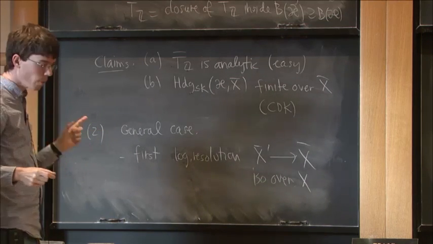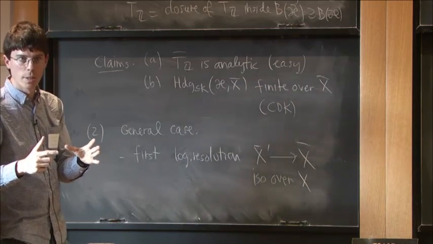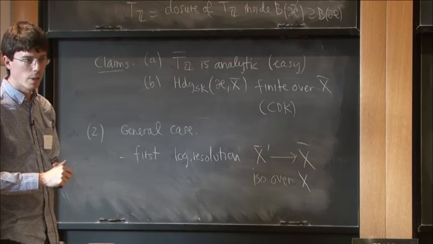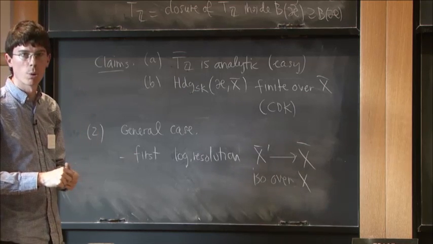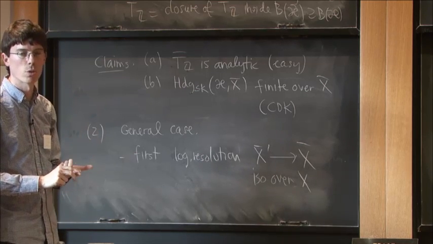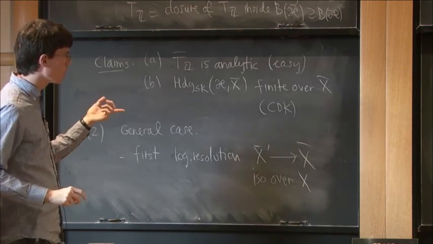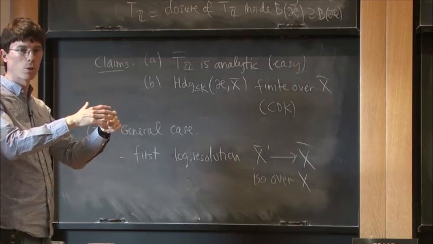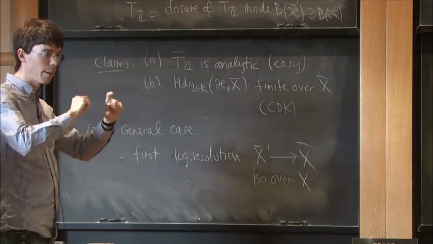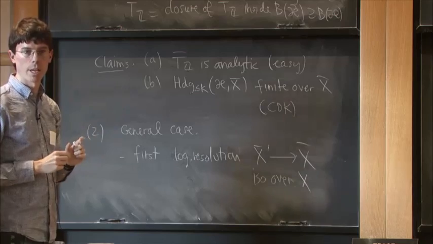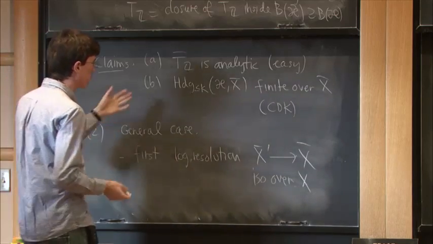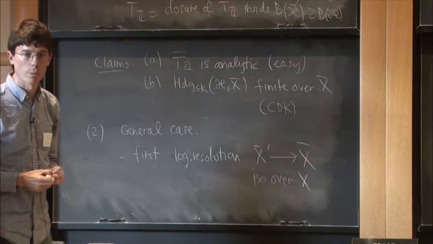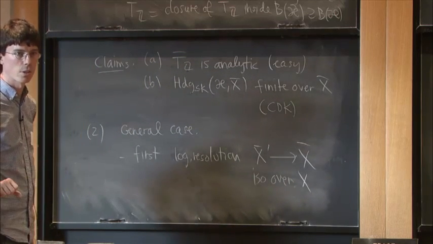So you replace your variation by certain approximating variations of Hodge structure called nilpotent orbits, and you apply the Cattani-Deligne-Kaplan theorem to these nilpotent orbits. The limit Hodge classes come from actual Hodge classes in these nilpotent orbits, and so the theorem controls their asymptotic behavior. And if you do it nicely, it controls it enough to prove all the properties that you want to prove, the finiteness and also the properness.